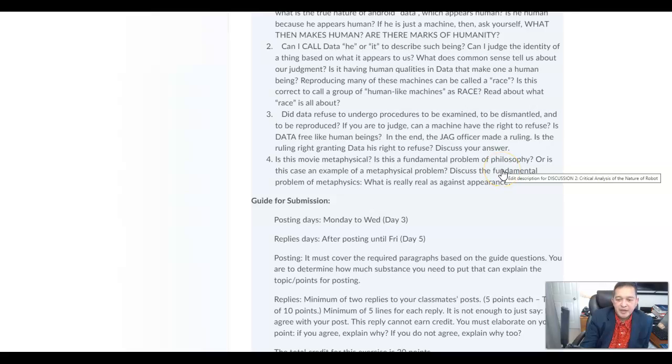The problem of reality. Or is this a case of a metaphysical problem, wherein we want to discover the true nature of a thing? Discuss the fundamental problem of metaphysics. What is really real against appearance? Is the appearance of Data what makes him human, because he appeared to us as a human being?